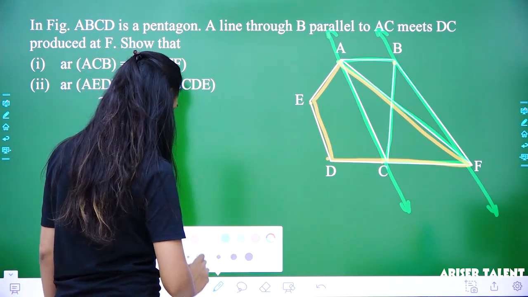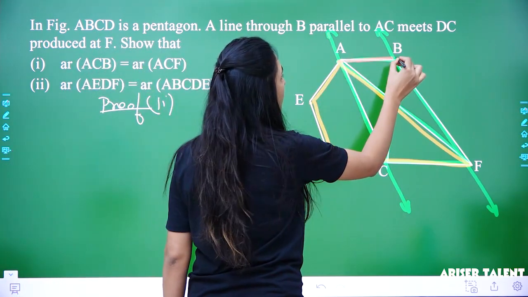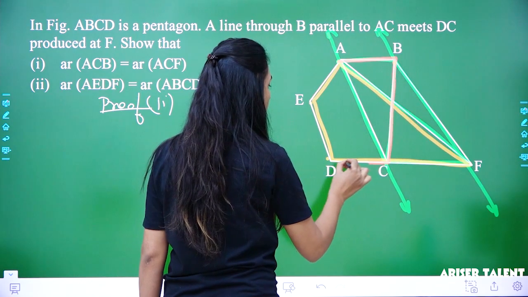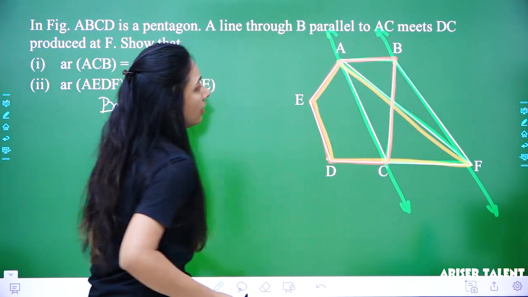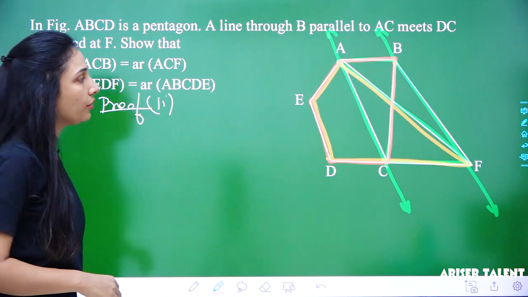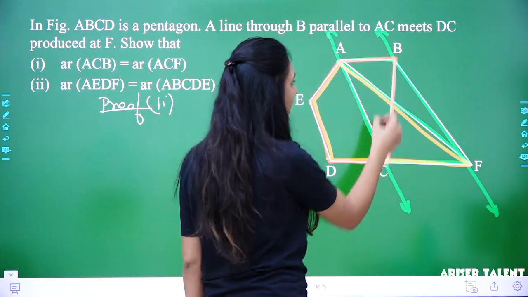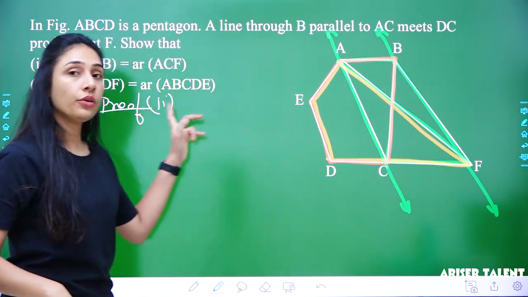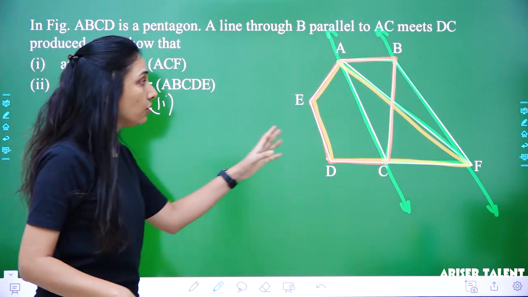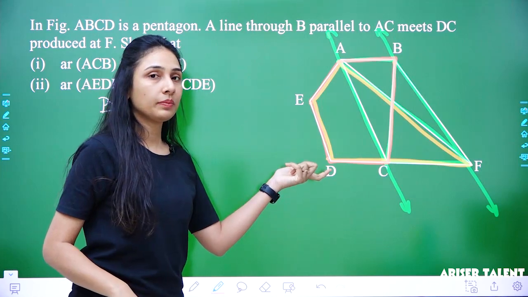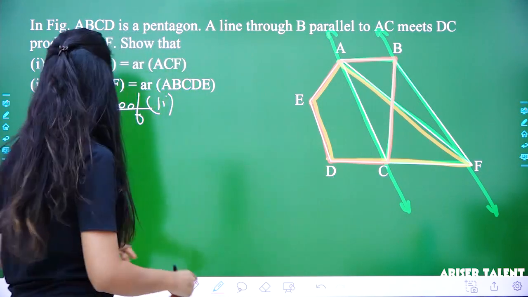How are we going to do this? We have a common area in both, and these two areas are equal to each other. So we are going to use the previous data to prove this part.